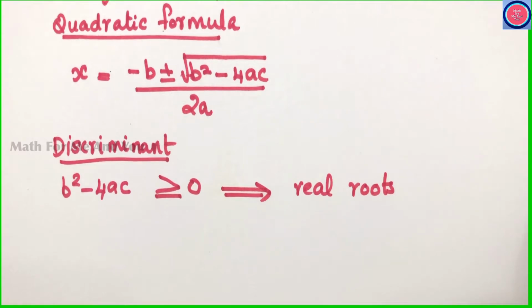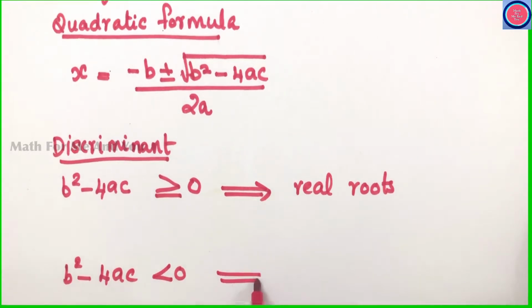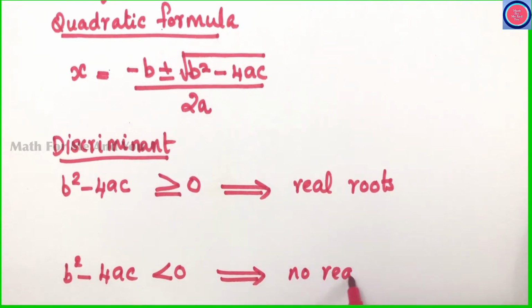If b square minus 4ac is less than 0, that means the discriminant is less than 0, and the roots are not real numbers. So we write no real roots for that quadratic equation.